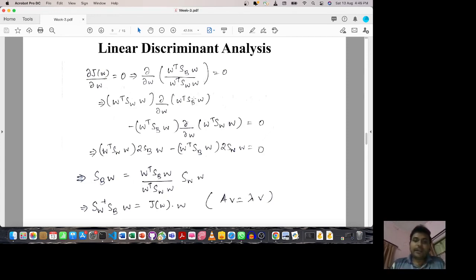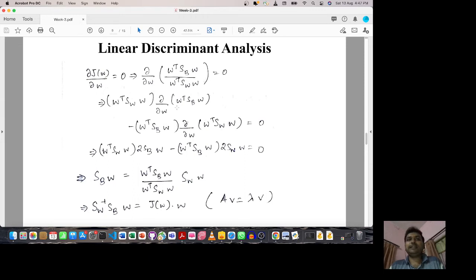See, if, for example, this W transpose was not there, only SBW was there, and if you had differentiated with respect to W, then you would have got just SB. Now you are multiplying that same matrix on the left as well as the right with the same vector W. That square is because this is a linear algebra equivalent of taking a square.